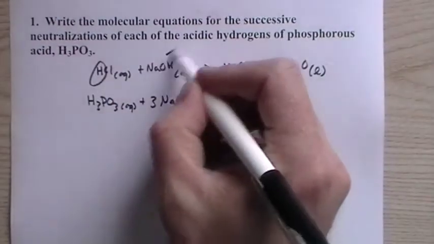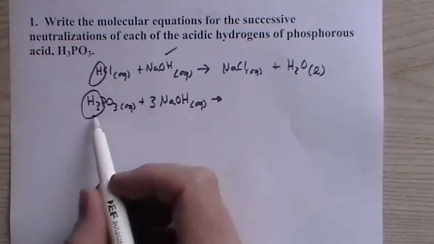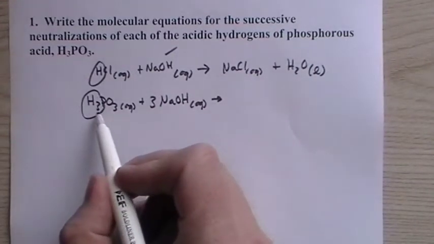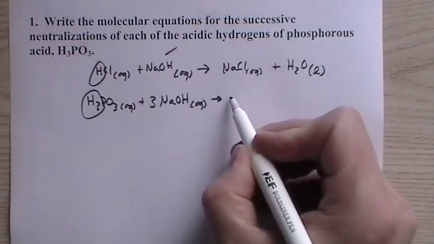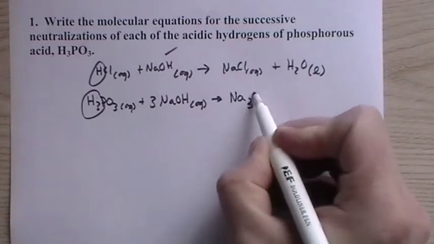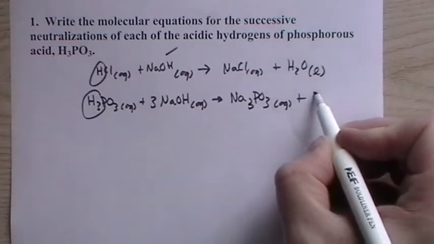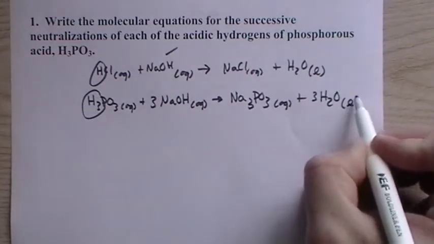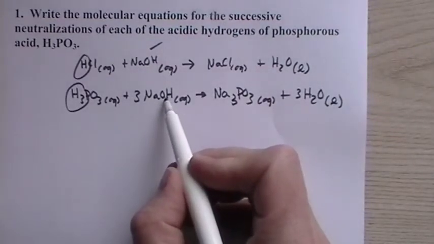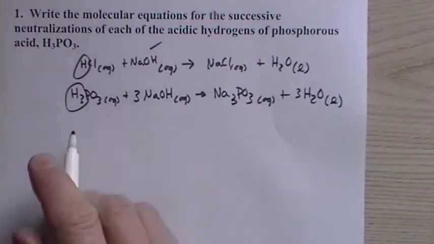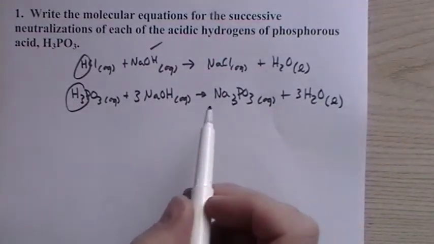We have 1 here, so we just need 1 sodium hydroxide, but when we have 3 H pluses coming off of this species, we're going to need 3 sodium hydroxide, so we'd end up with Na3PO3 and 3 waters. Each H plus would react with an OH minus, and we'd be done here. That would be it.